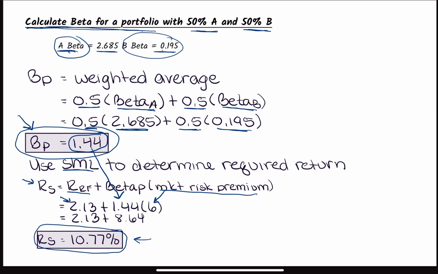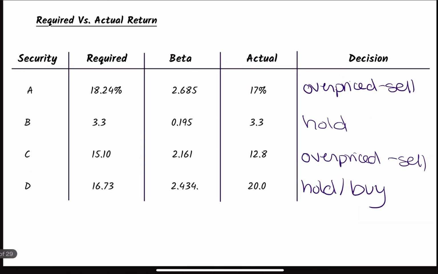Again, it's based on the weights of each stock in the portfolio and each individual stock's beta. So if we were to look at this, what would we do? Based on the required versus the actual return, are we going to keep the investment, sell the investment, hold the investment?